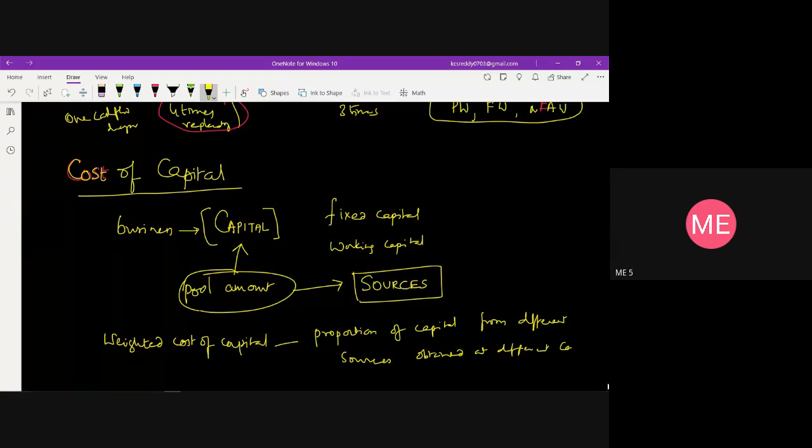That is what we call weighted cost of capital.